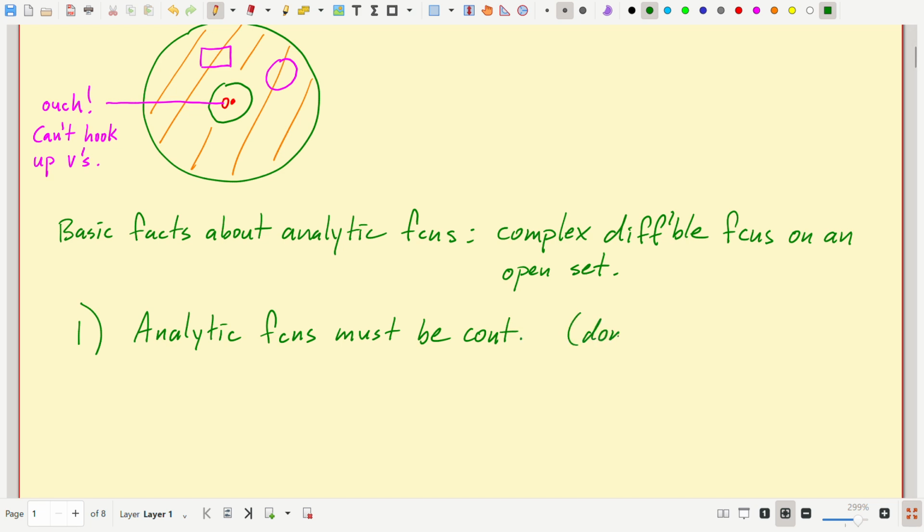We did that last week. Basically, it's the same proof you do in freshman calculus.